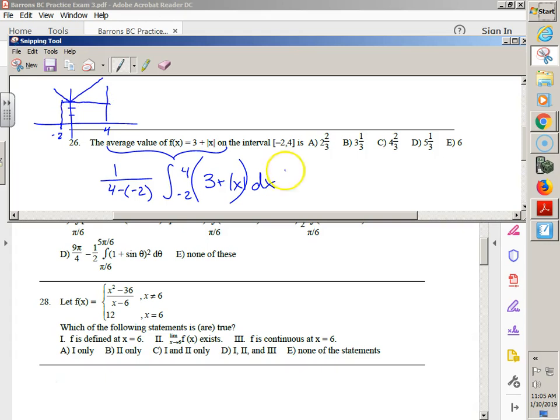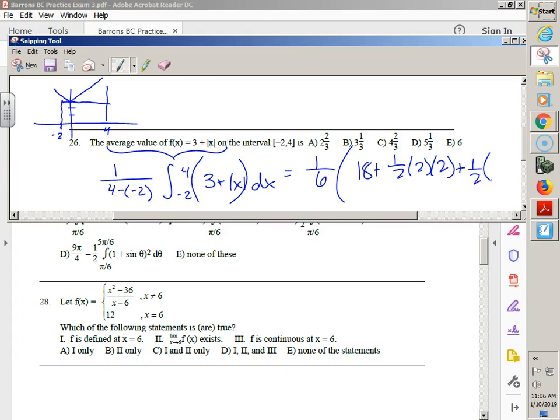So I have 1 over 6. What else do I have? I have a base of 2 and a height of 2. So that'd be 1/2, 2 times 2. Then I'd have 1/2, base would be 4 and a height would be... Oh, duh.